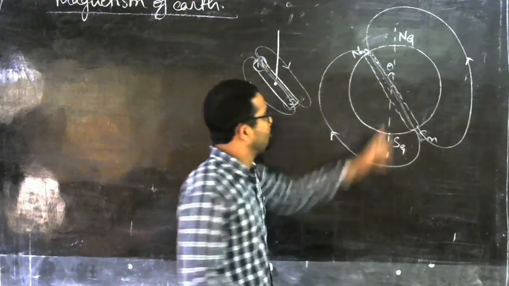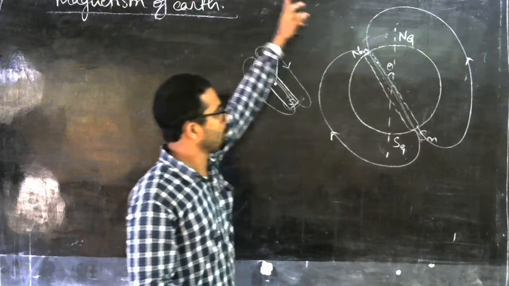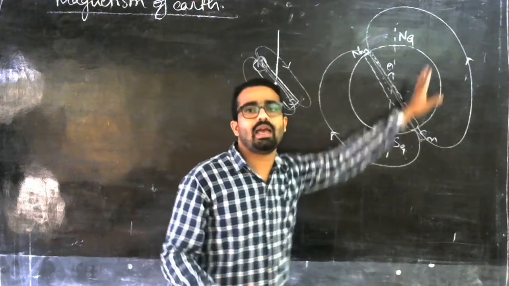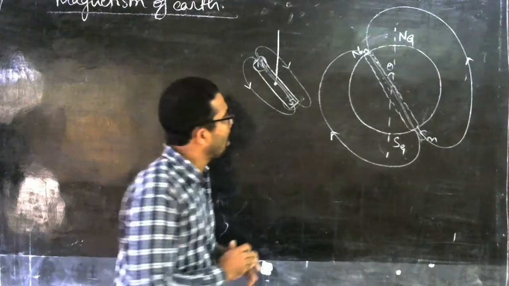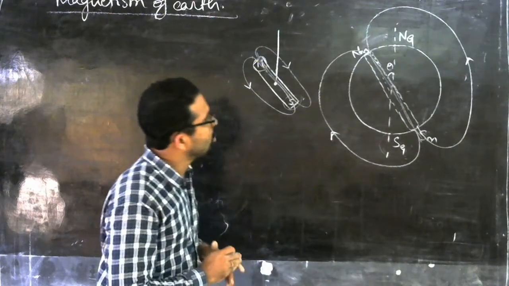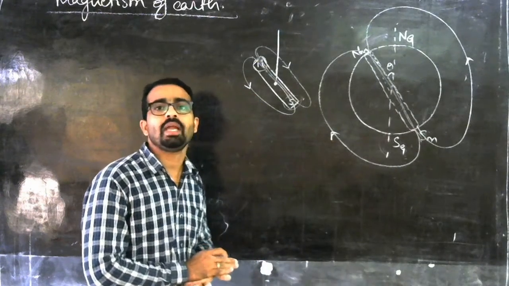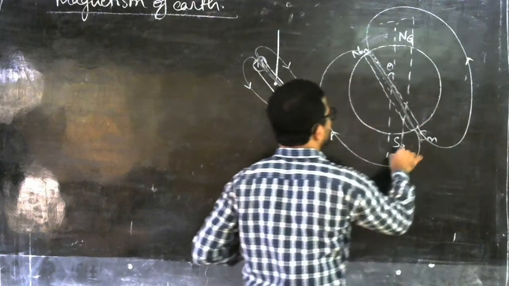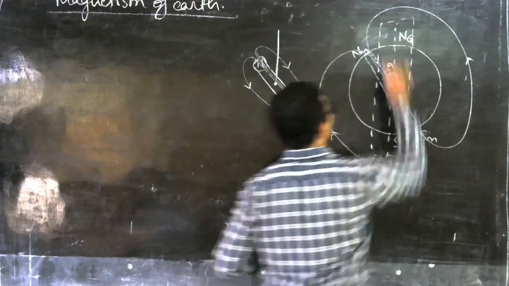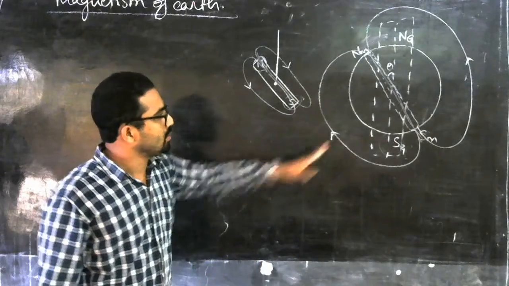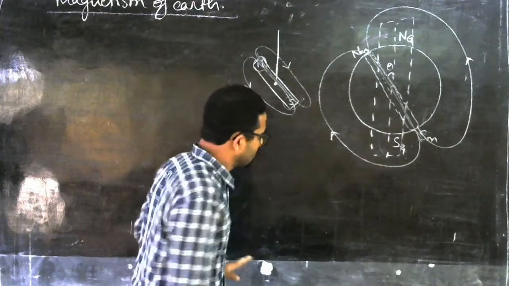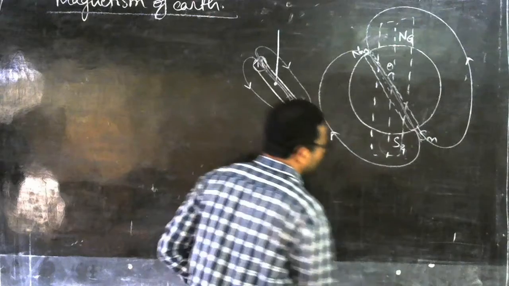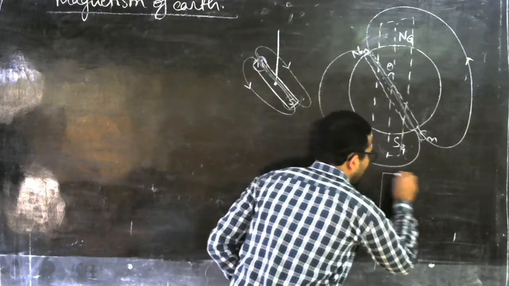And I told you that the Earth's magnetic dipole is aligned at an angle theta with the axis of rotation. Let me take two planes here. Let me consider a plane like this.